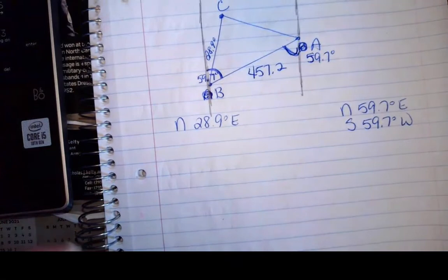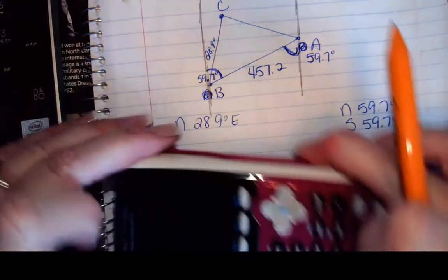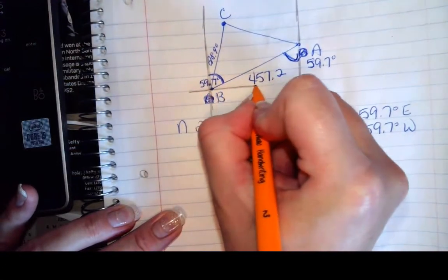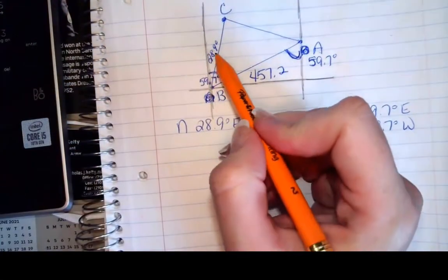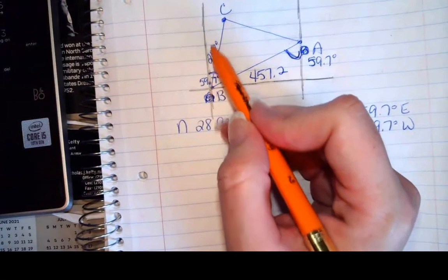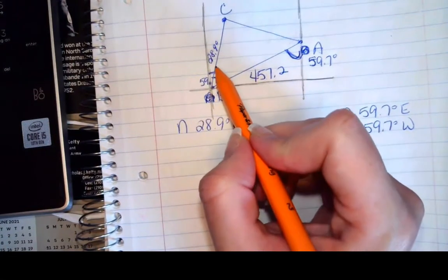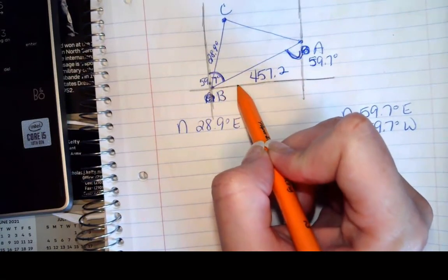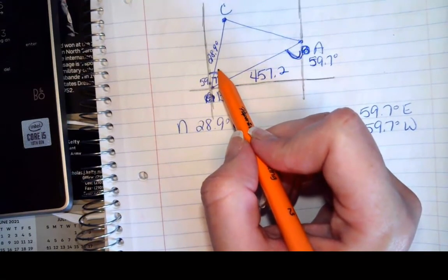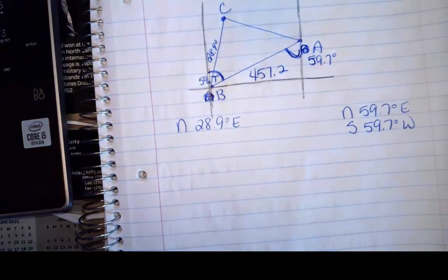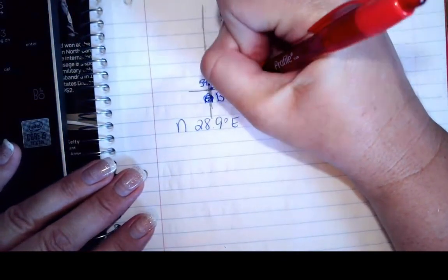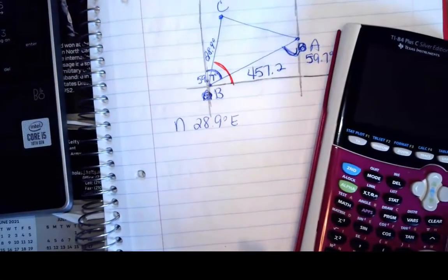There's already a line. I can draw a line this way. If this portion is 28.9, then this entire portion right here will be the complement of that. So I'm going to look at this portion right here. What is that portion going to be?